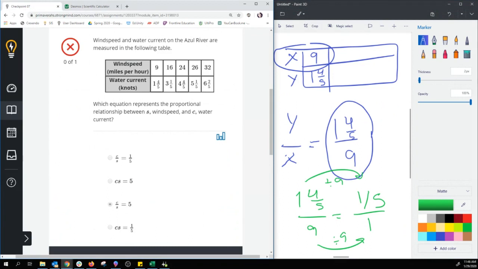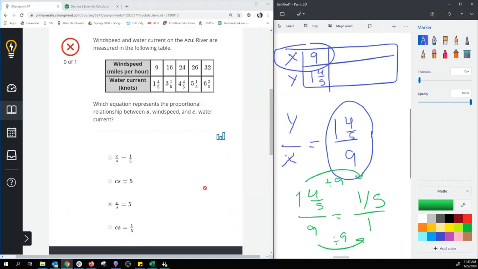Okay, so now give me a second to look at these answer choices. Because my unit rate is 1/5, that tells me that I don't want to pick any of these answer choices that have the 5. Right? I want to pick either this top one or this bottom one. Let's see, so S is wind speed and C is the water current.